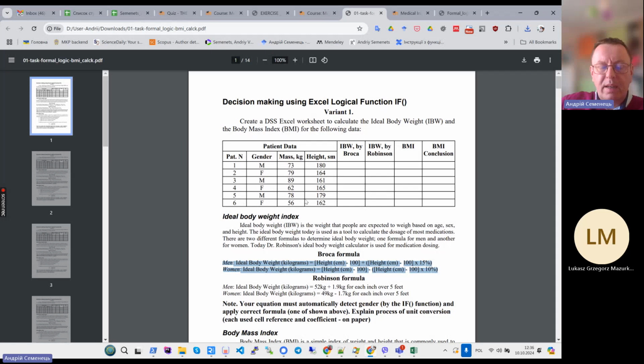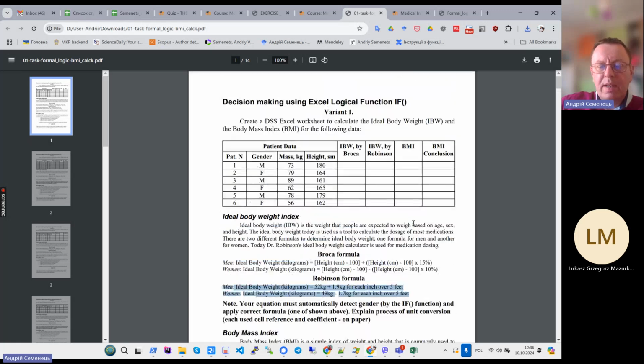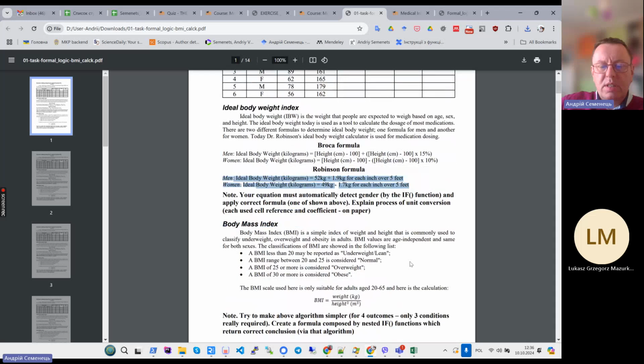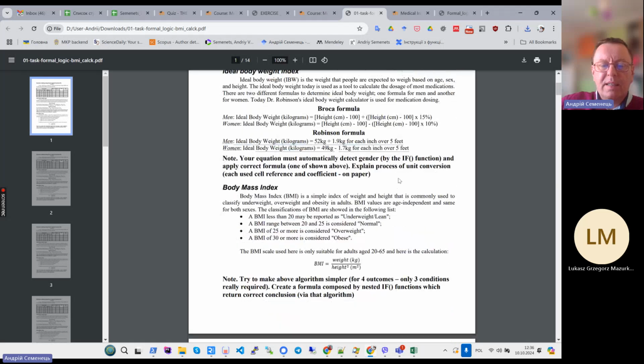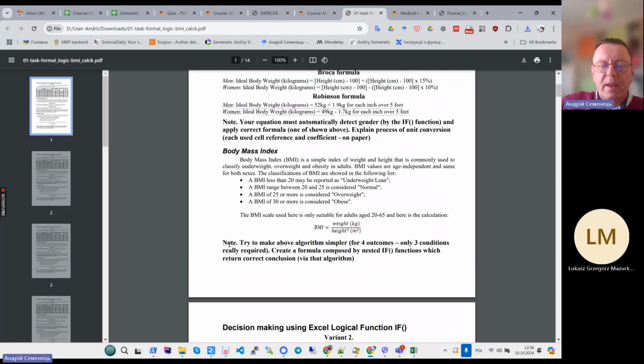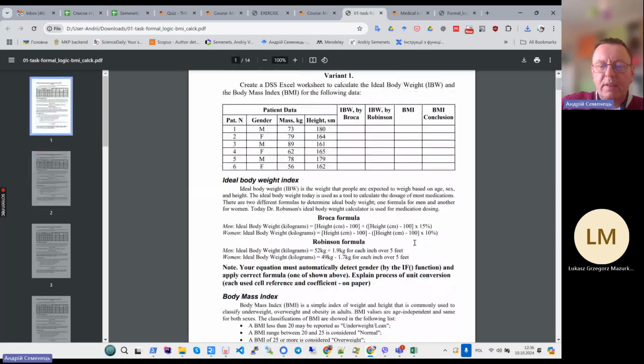Here we have some numerical data for a patient, and we have to use two formulas, Robinson and Broca, to calculate ideal body weight. The major point is to use the IF function to make all the calculations, so you don't need two separate formulas for male and female. In the same way, we have to use BMI to make a conclusion about whether the patient is overweight, underweight, or so.